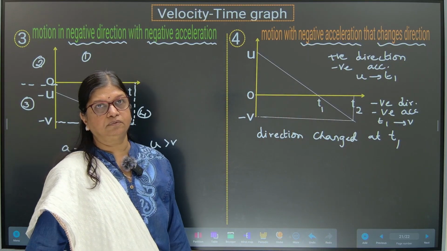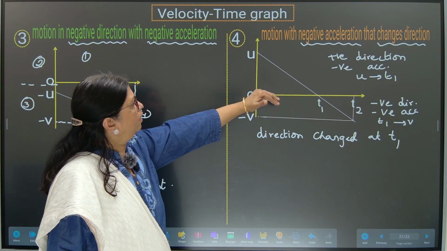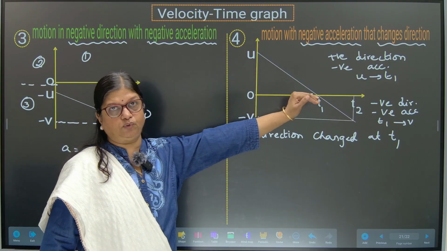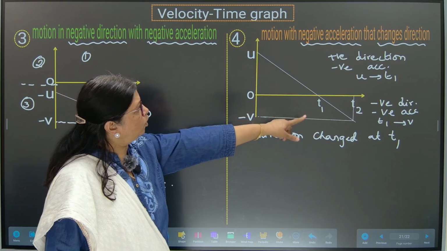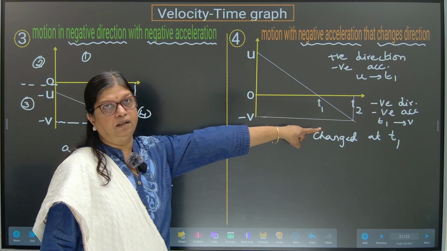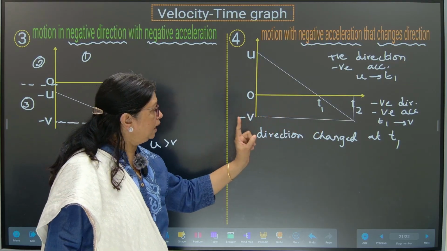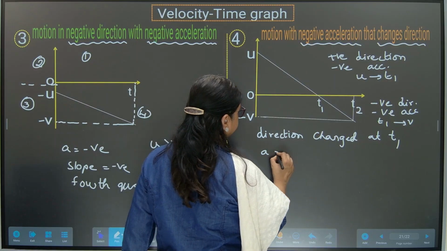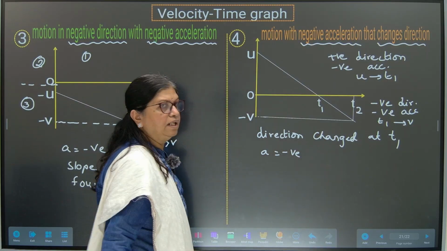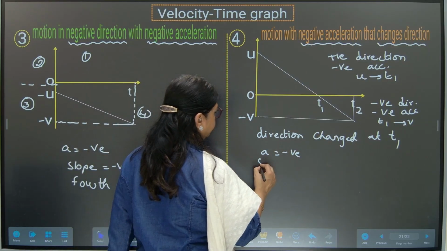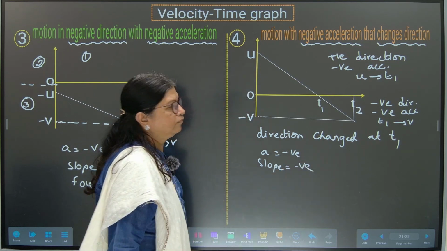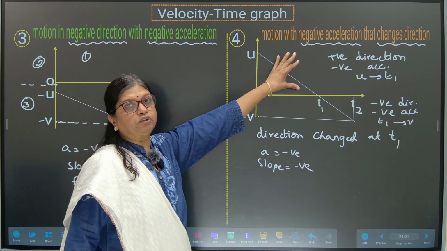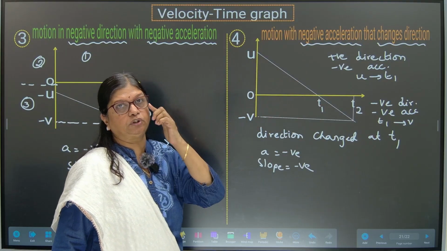Agreed? Okay. So this way, first the direction was positive, then the direction is negative, but in both the cases, the acceleration is negative. So slope will be negative, whether in the upper portion of the line or lower portion of the line.